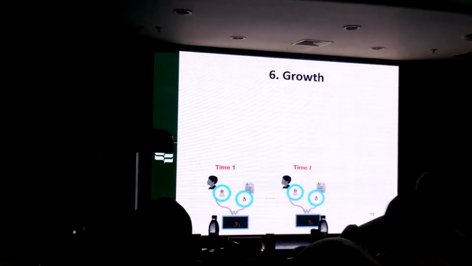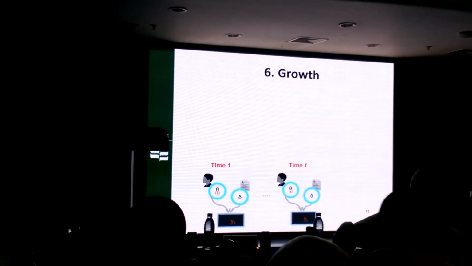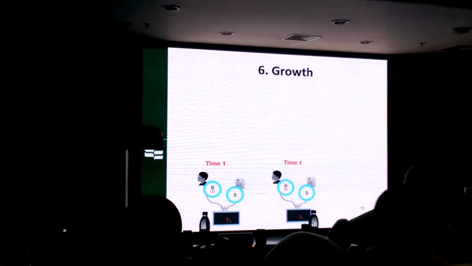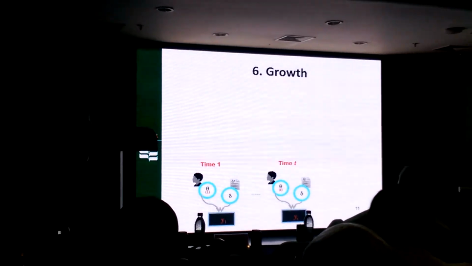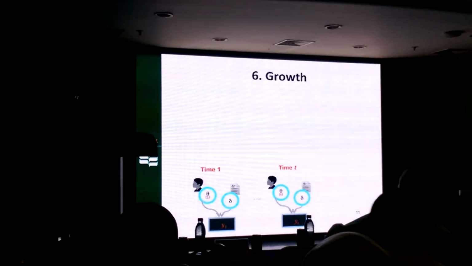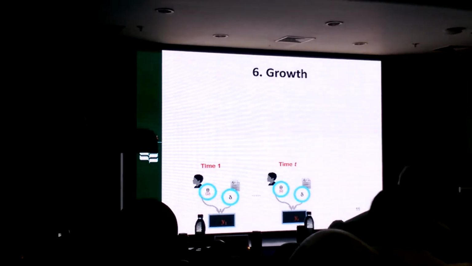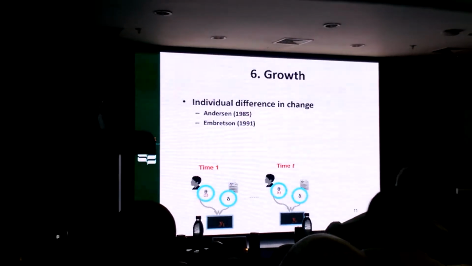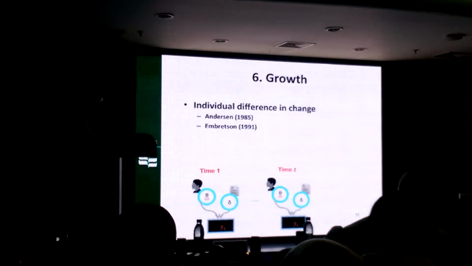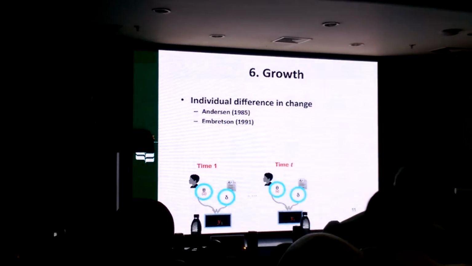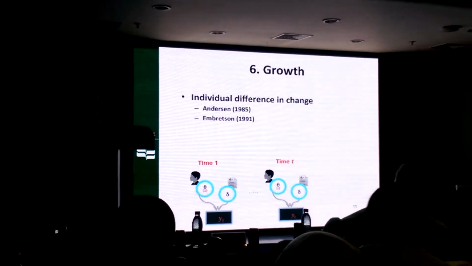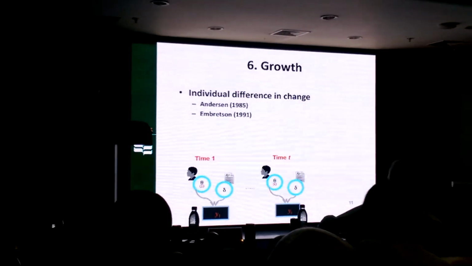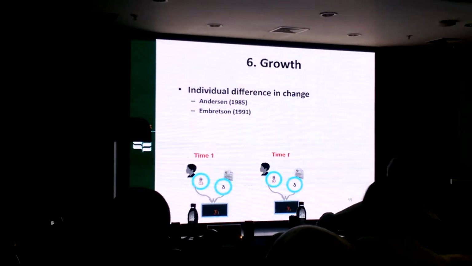Number 6, growth. We are trying to measure growth, right? Year 1, year 2, year 3, year 4 students. So in the literature of the Rasch model, I found 2 articles that are interested in individual differences in change.